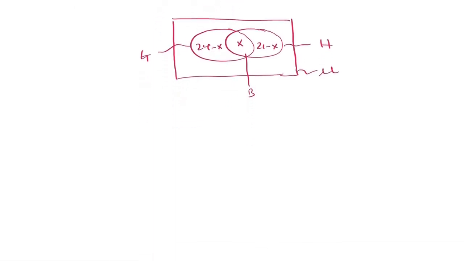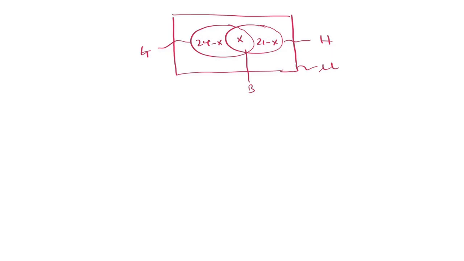From our question, we've been told that the total number of students is going to be 40. So our equation is going to be 24 minus x plus 21 minus x equals to 40. Okay, so let us now simplify this by solving.